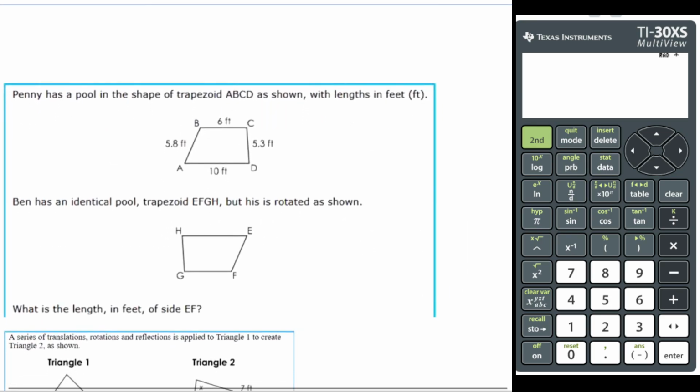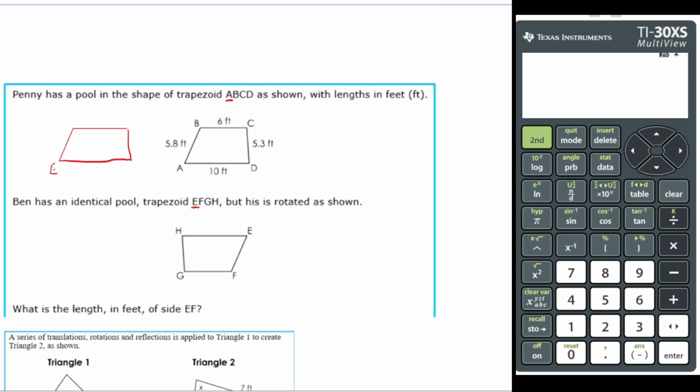Penny has a pool in the shape of trapezoid ABCD as shown with lengths in feet. Ben has an identical pool, trapezoid EFGH, but it is rotated as shown. Guess what we're going to do? We're going to redraw the original shape with the new labels because this has worked out well for us. So A is our first one, while E is his first one.